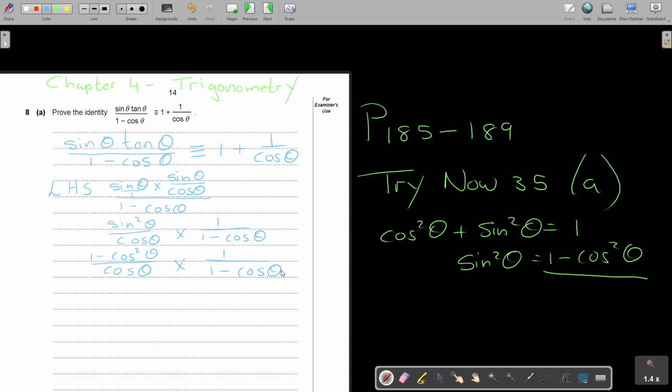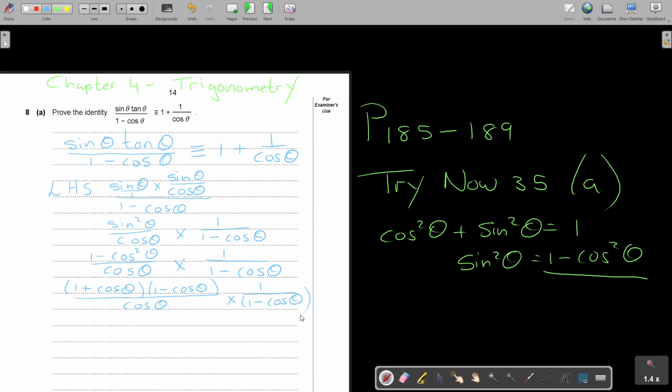Okay, now, don't forget this is the difference between two squares. So factorize, make it 1 plus cos theta, 1 minus cos theta over cos theta, multiply 1 over 1 minus cos theta.